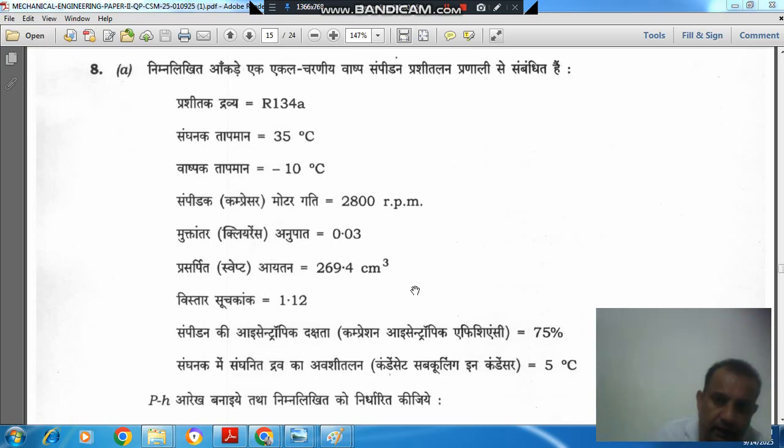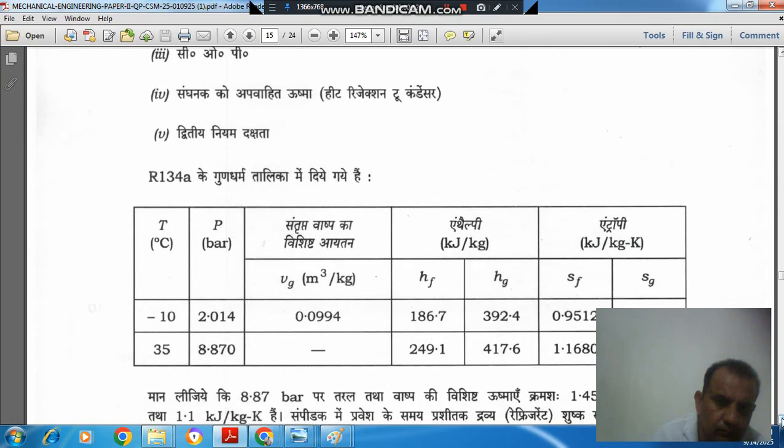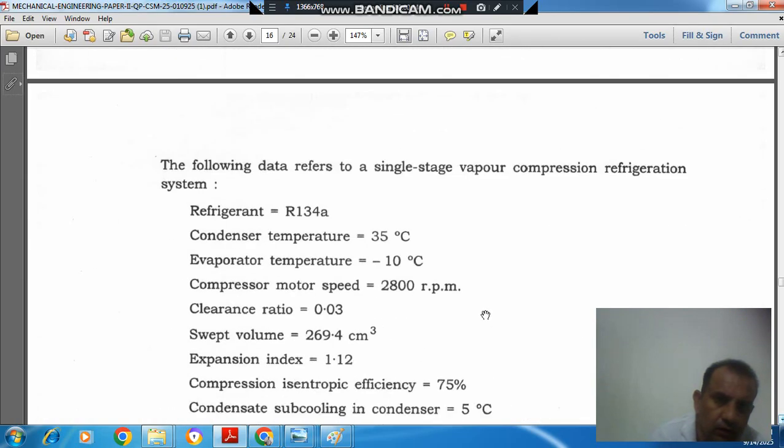Question number 8A is: the following data refer to a single stage vapor compression refrigeration system.